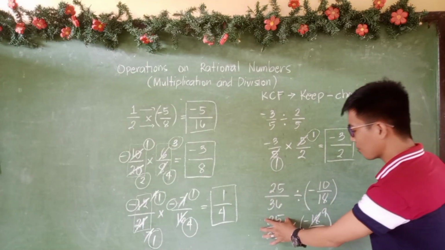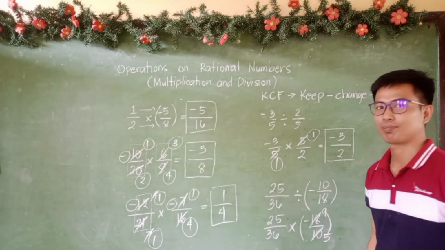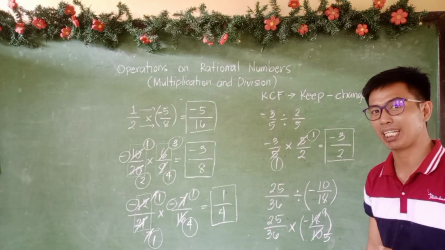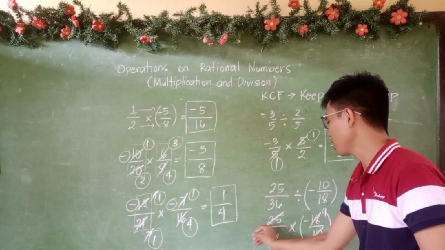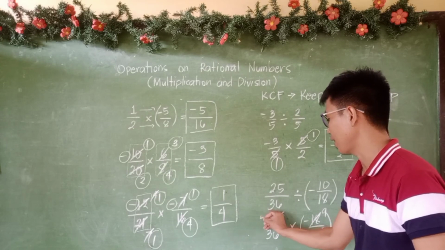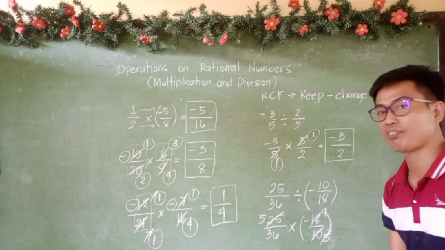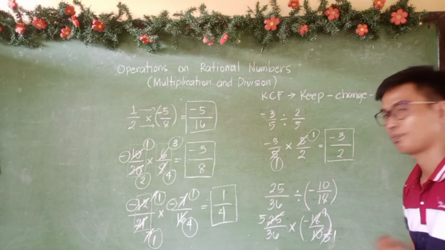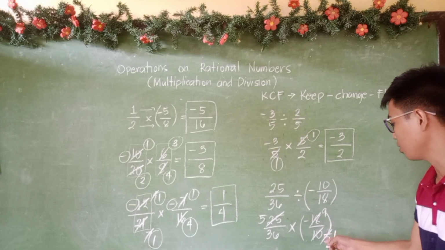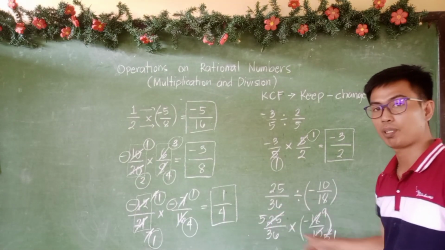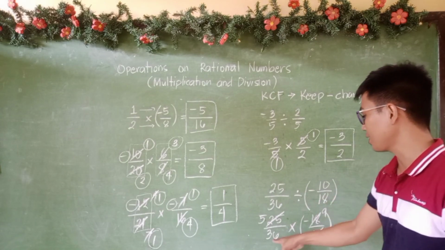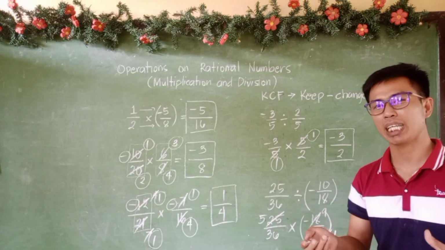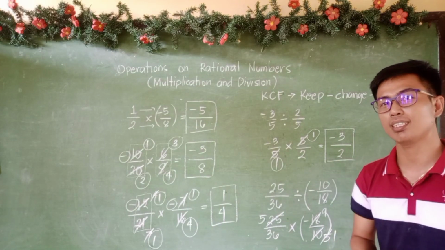So, 25 and 5. So, saan sila divisible parehas? Sa 5. So, we can divide or simplify. 25 divided by 5 is 5. 5 divided by 5 is 1. So, dito sa part na to, makapag-simplify na tayo dito naman sa kabila. So, we have 36 and 9. So, meron ba tayong number na pwedeng i-divide sa 9 and 36?